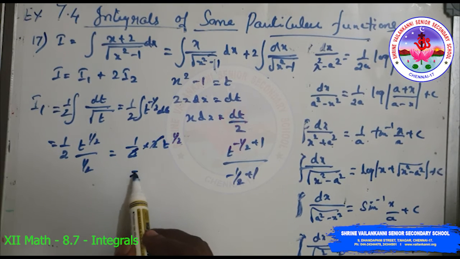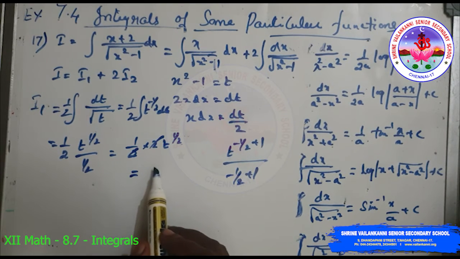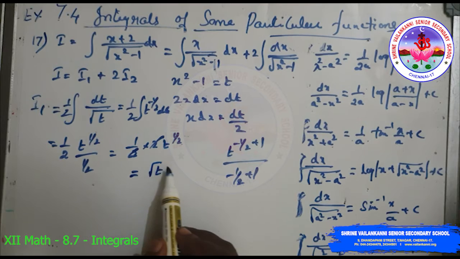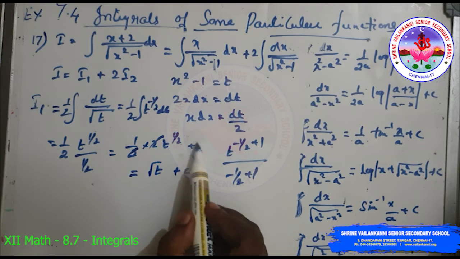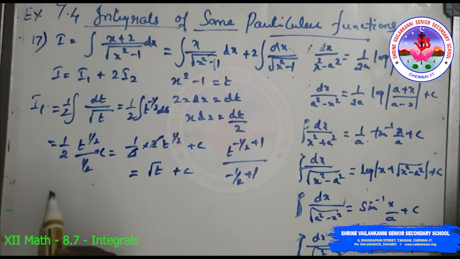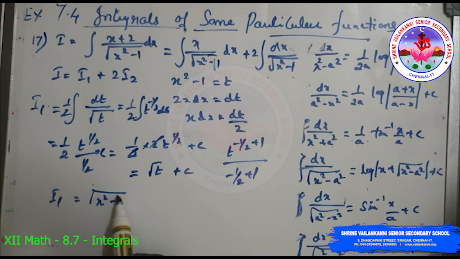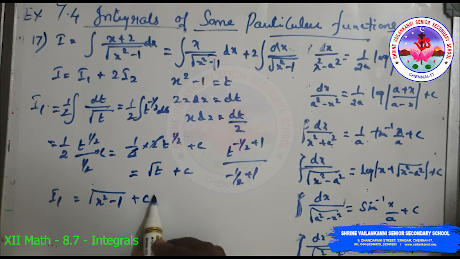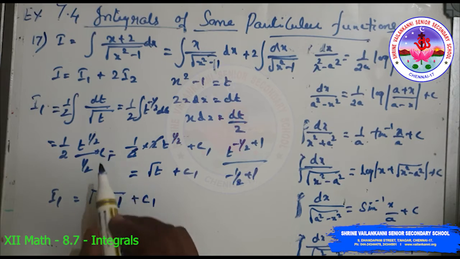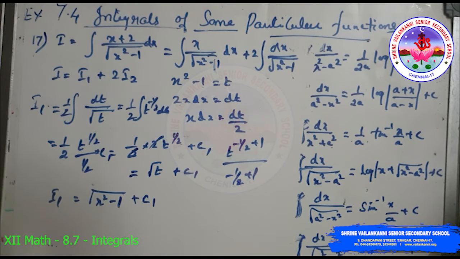The 2 will get cancelled, which is equal to root t plus c. So I1 equals root t, which is root of x square minus 1. We can write this constant as c1 as we have taken this integrand as I1.